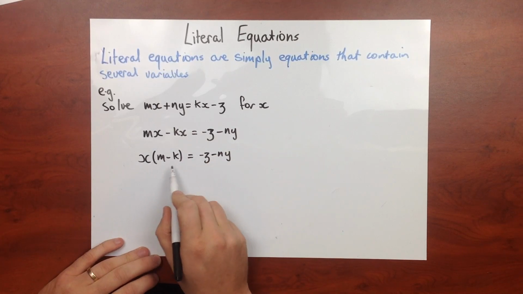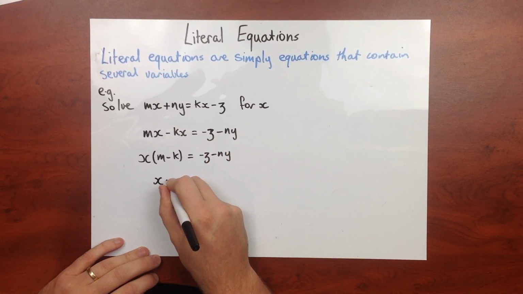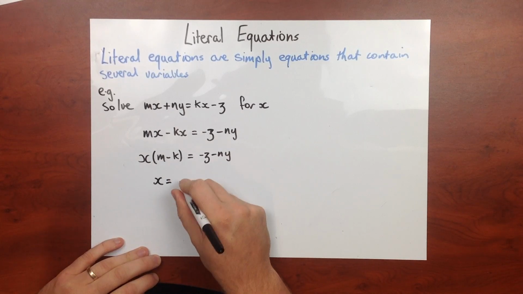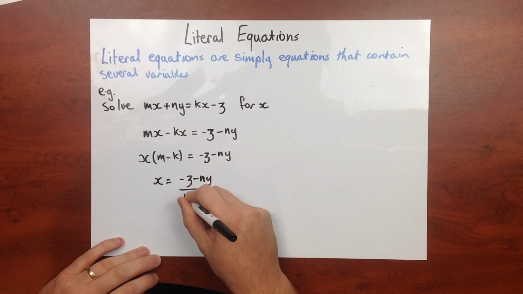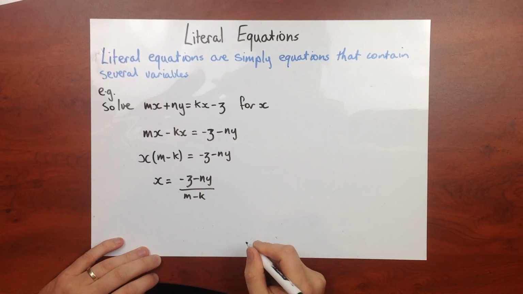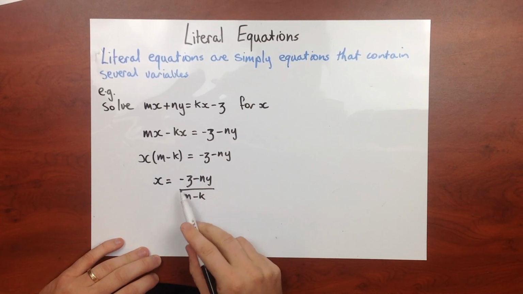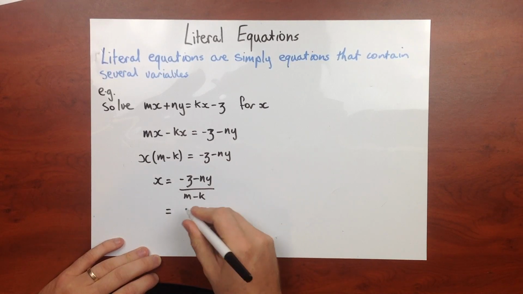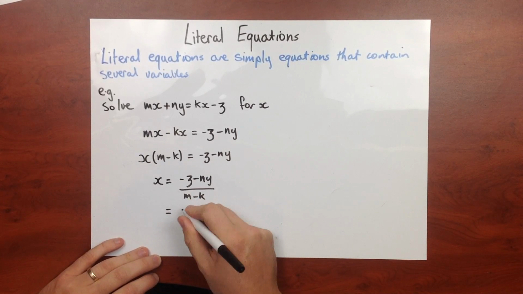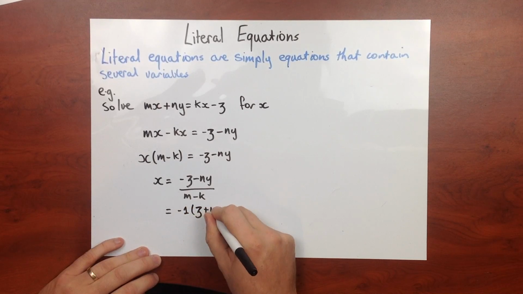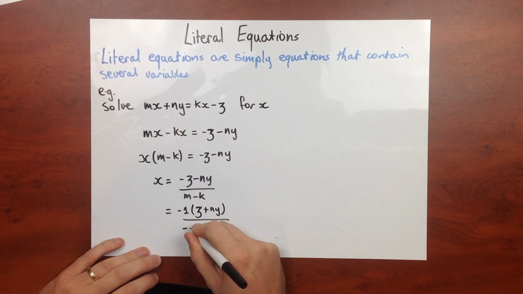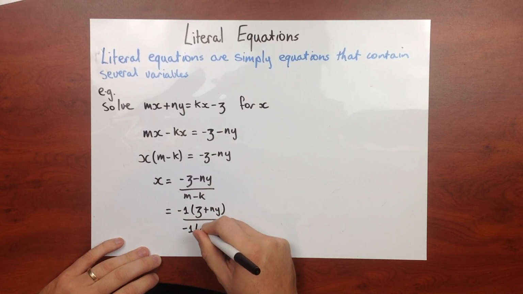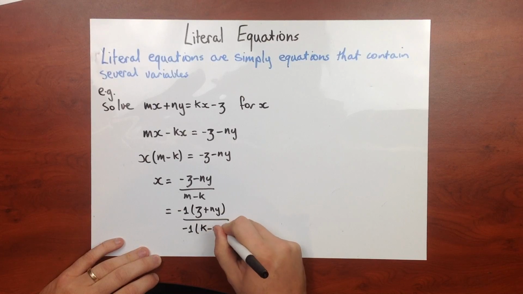Now I can divide it by this set of brackets here, say that x is equal to negative z minus ny on m minus k. Now I can make this a little bit nicer because we've got a fair few negatives here. So what I'm going to do is write this as negative 1 outside of z plus ny over negative 1 outside of k minus m.